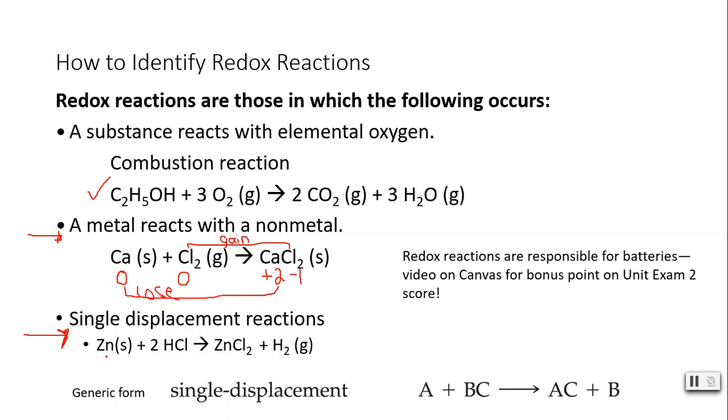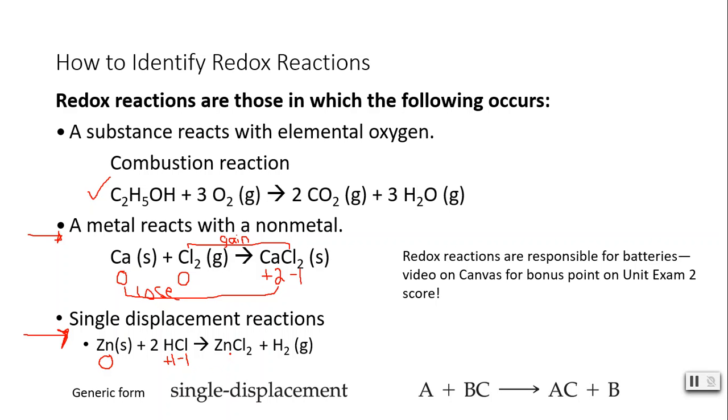Zinc as a reactant, any element by itself, remember, has a charge of 0. HCl, well, that hydrogen is bound with the chlorine. It's in an ionic compound. It's an acid, but it's in an ionic compound. Hydrogen's in group 1, so it has a +1. Chlorine's in group 7, so it has a -1.